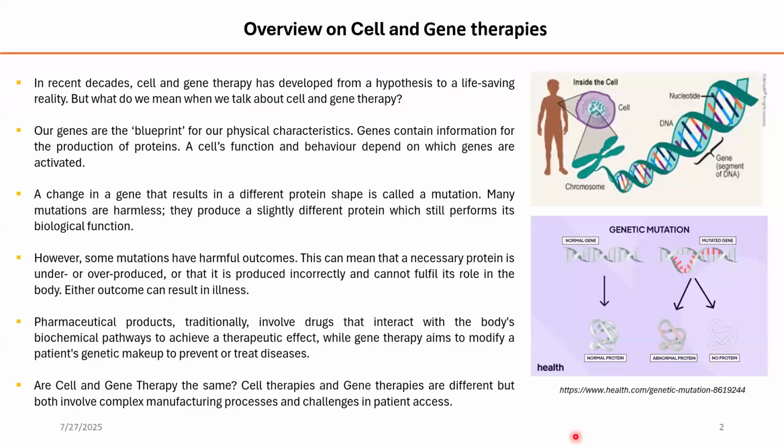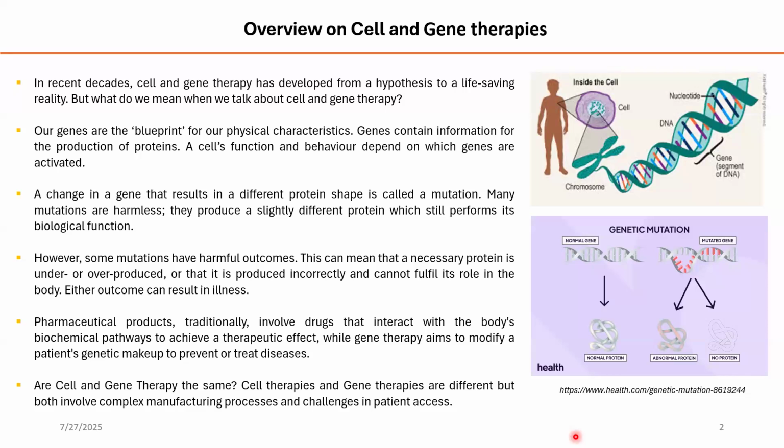I just wanted to seek clarification. When we say cell and gene therapy, the basic science is that when a genetic mutation occurs, the drug goes and reverses that mutation for a cure to be initiated. Is that right? Yes.